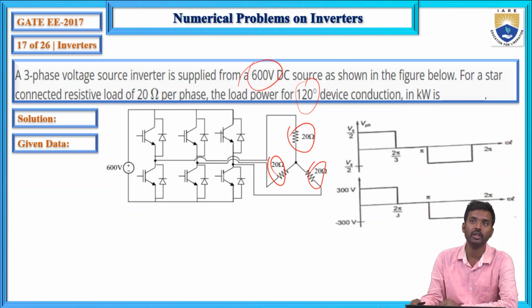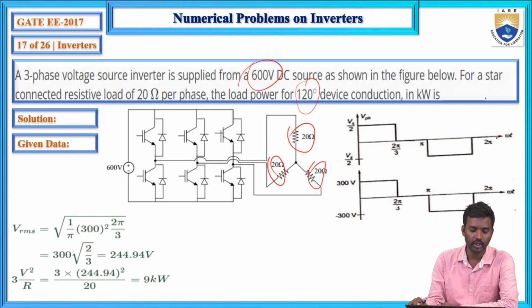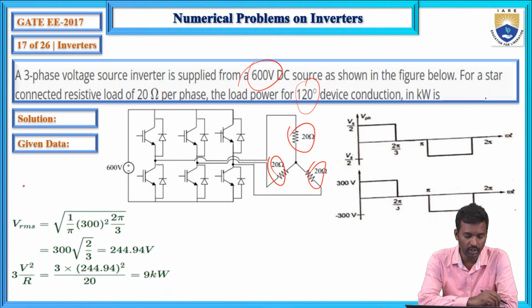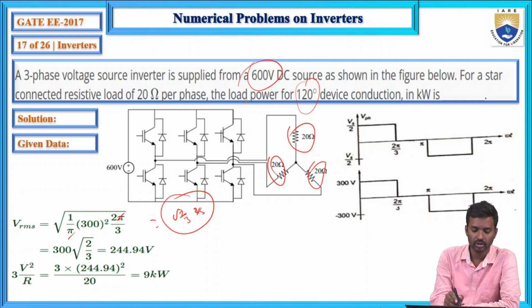This is the output phase voltage waveform, and now the RMS output voltage equals, where pi gets cancelled, the same root 2 by 3 Vs, and Vs equals 600.